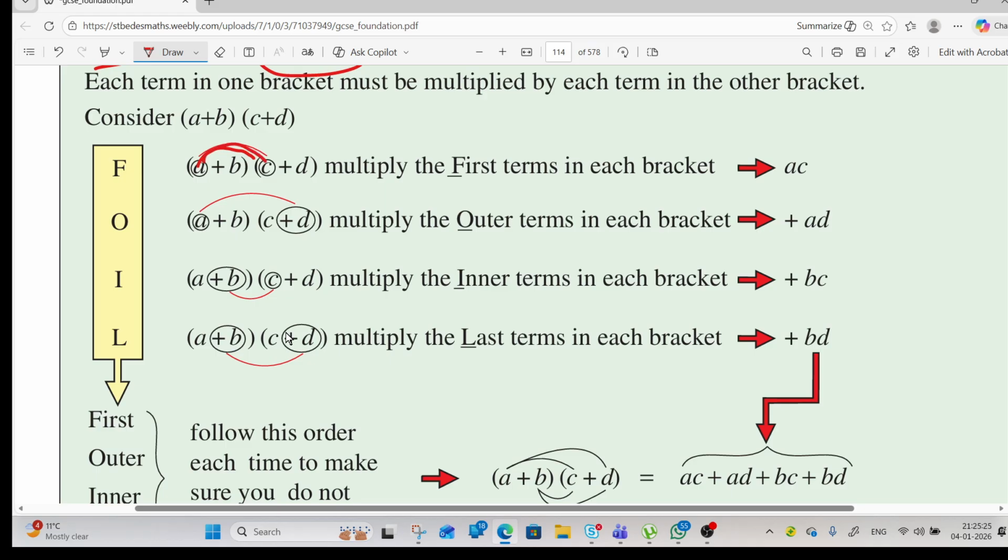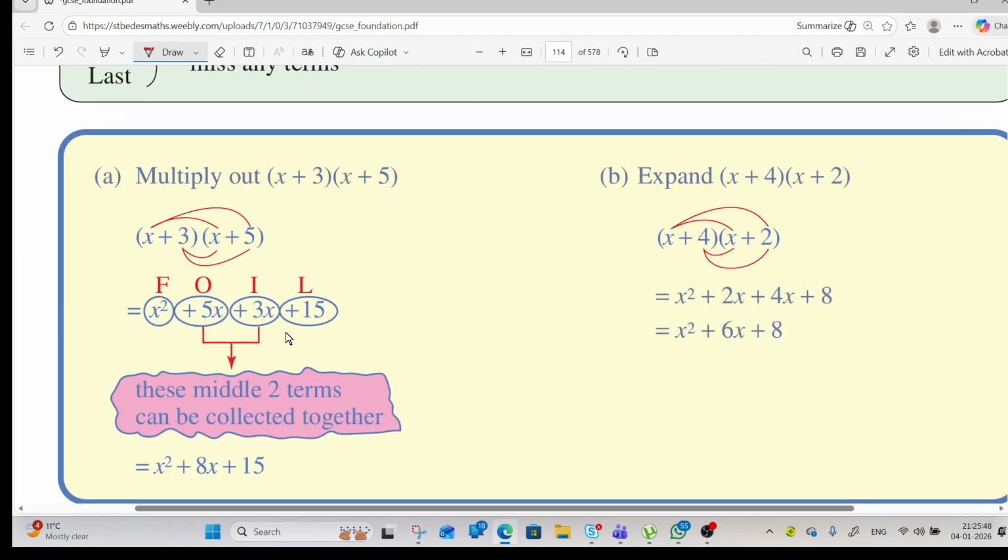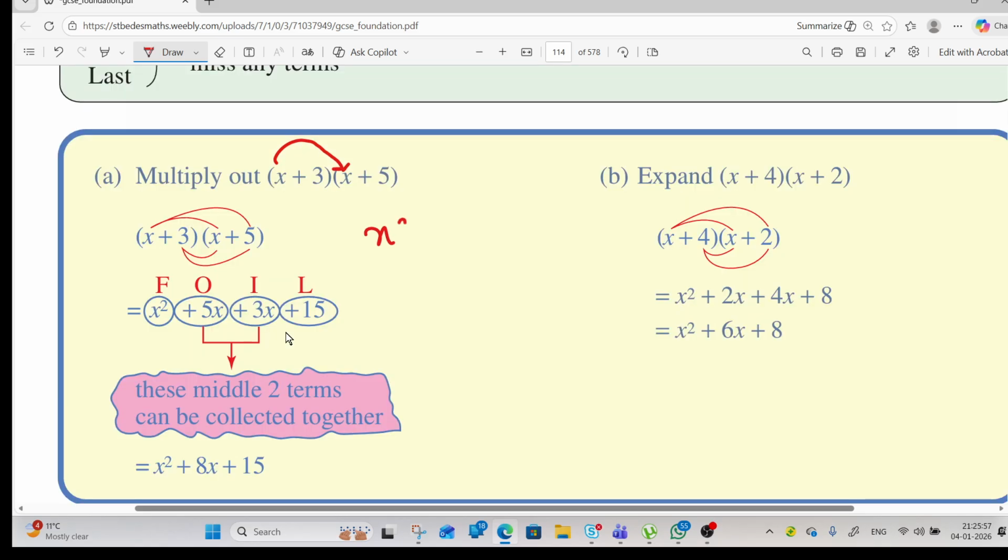Okay. So as you can see, first we multiply the first term in each bracket. Then multiply outer terms. Outer means these two. Then multiply inner terms, these two, and then last. Let's do it. First you multiply x with x, which is x square, right?